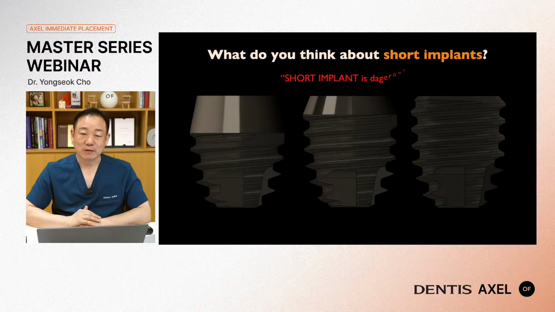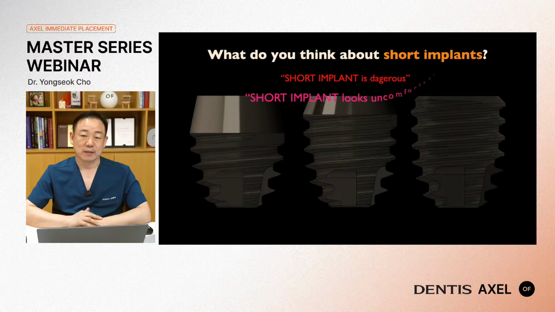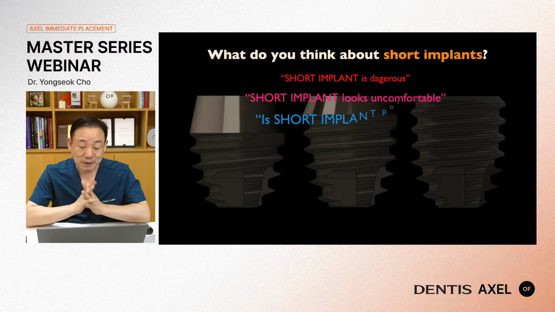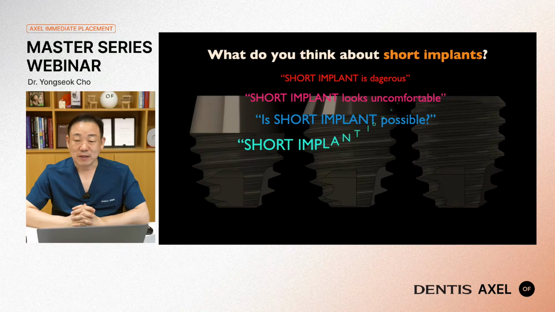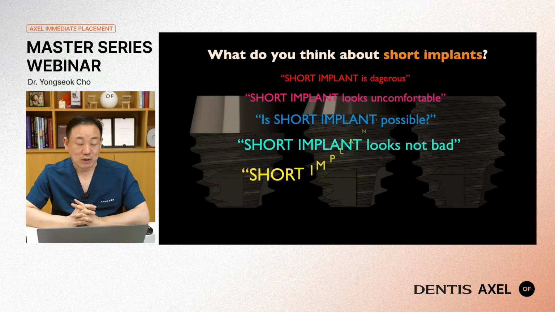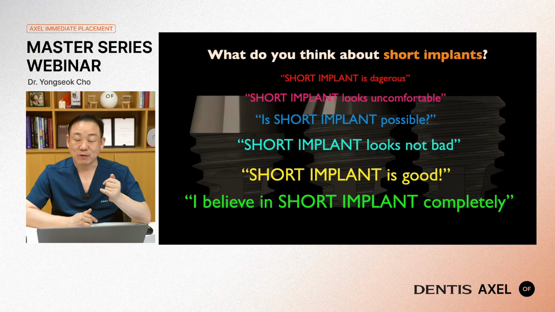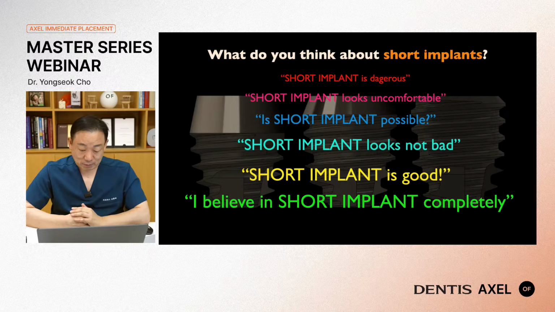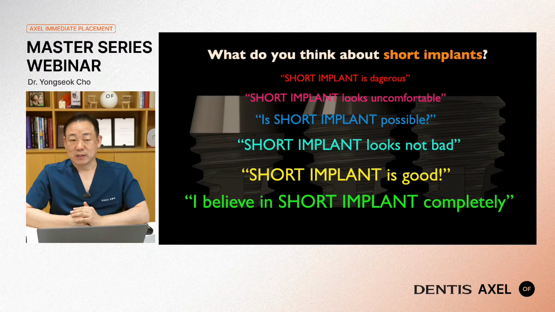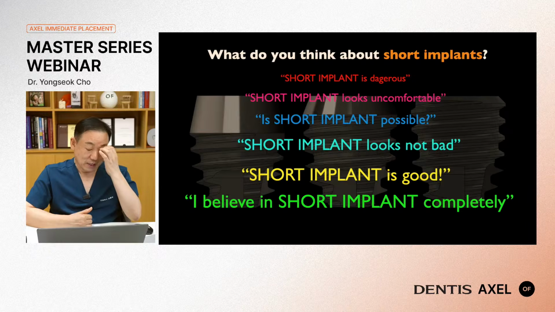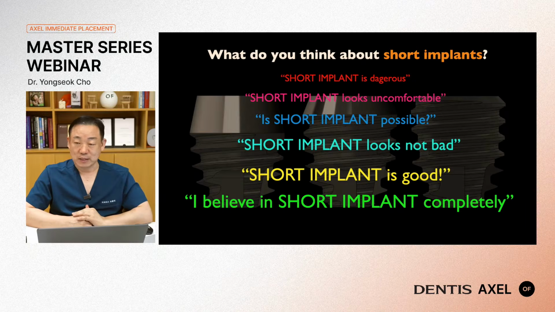What do you think about the short implant? In the past, like many other dentists, I was skeptical and uneasy about using short implant. However, my perspective gradually changed with increasing clinical experience, and today I have complete confidence in short implant.